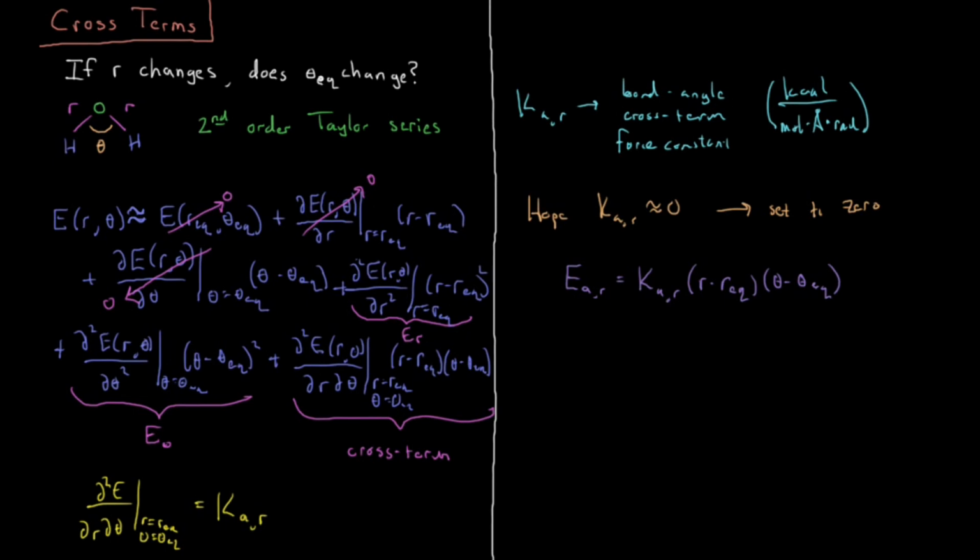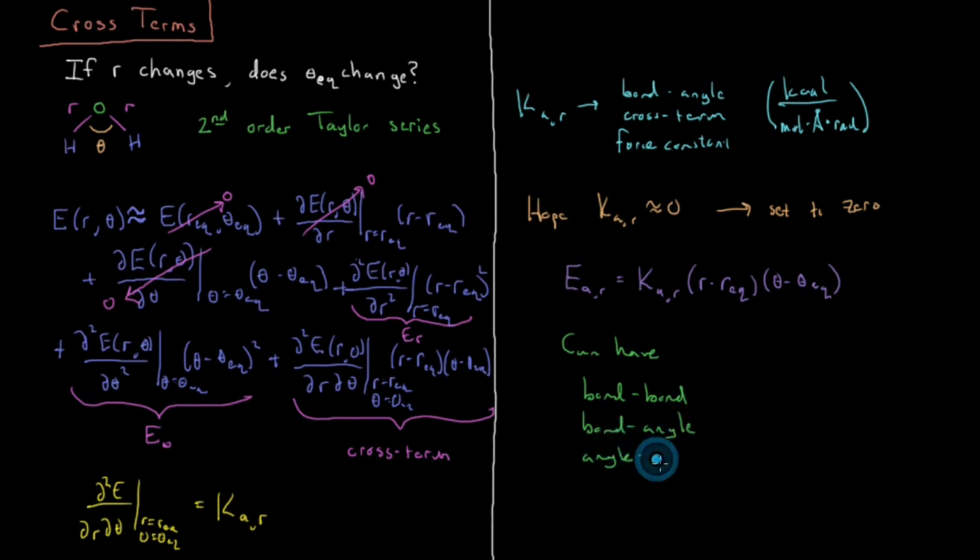Okay, so cross terms can in principle appear for any kind of bonded interactions that you have. So we could have bond-bond cross terms. We can have bond-angle cross terms.